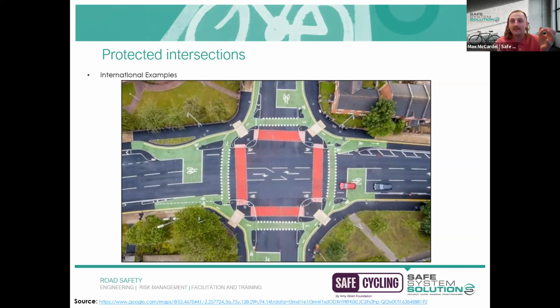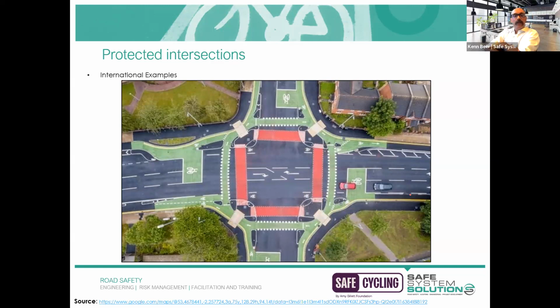All the other factors are supplementary or supporting treatments within that space. The protected intersection design is providing that offset. So a wombat crossing is an additional part of the design, and it doesn't have to be organized in that way.